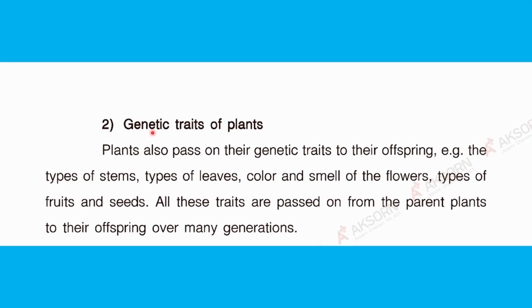Two, genetic traits of plants. Plants also carry on their genetic traits to their offspring, e.g., the types of stems, types of leaves, color and smell of the flowers, types of fruits and seeds.